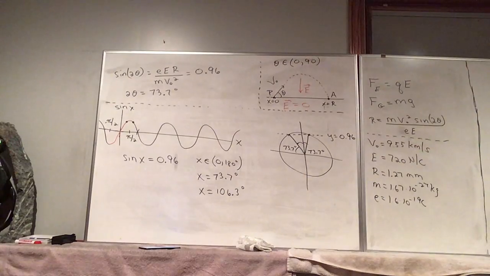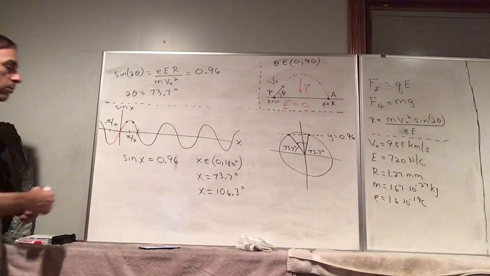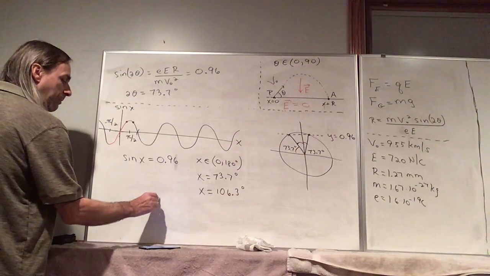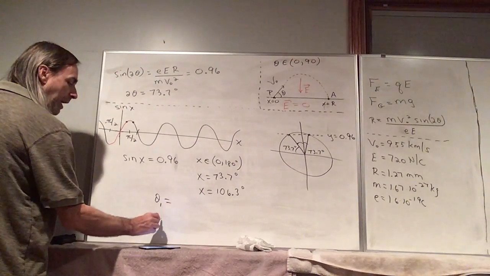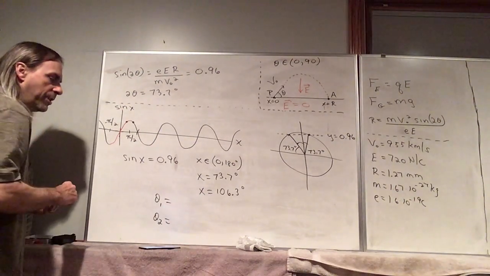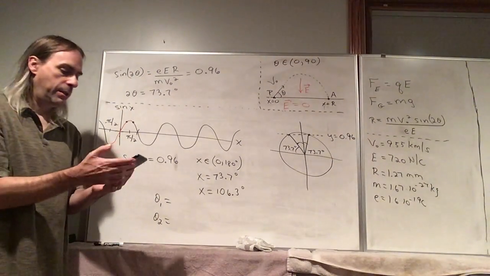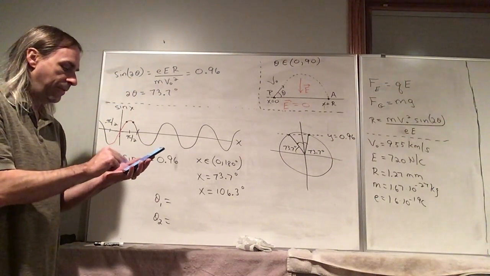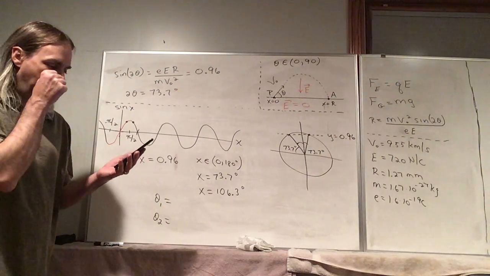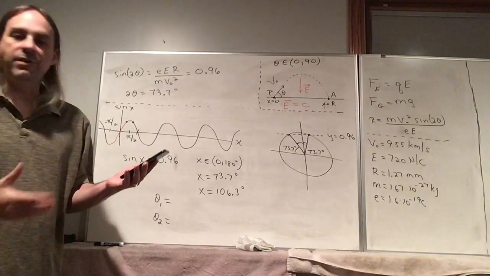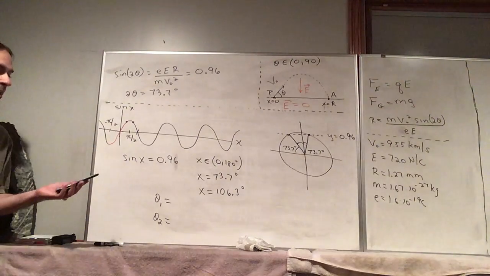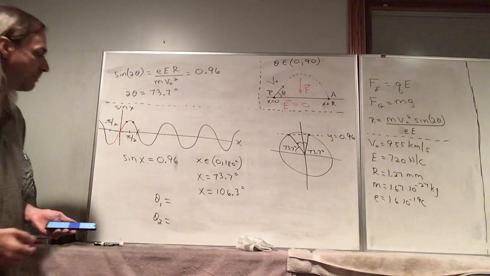And x is equal to 2 theta, so our two answers, we'll just divide these by 2. But before we do that, let's just double check. I'm going to make sure I'm in degrees and say sine of 73.7, and I'm getting 0.9598, rounding off a little bit, but essentially 0.96.